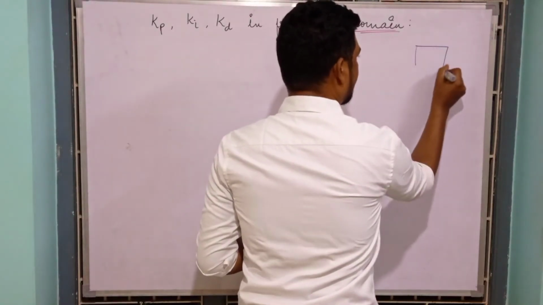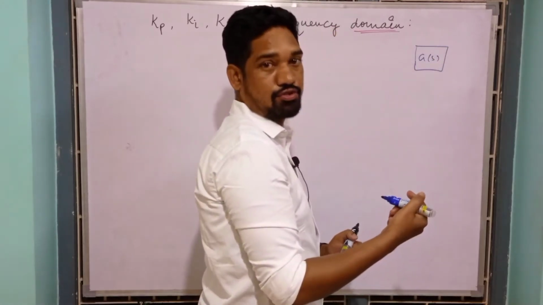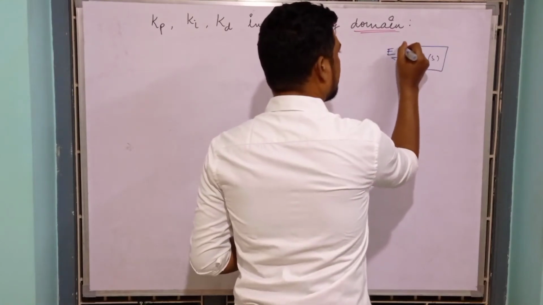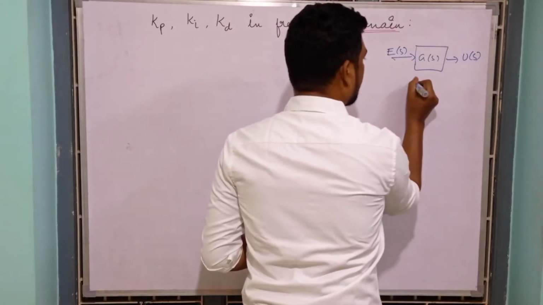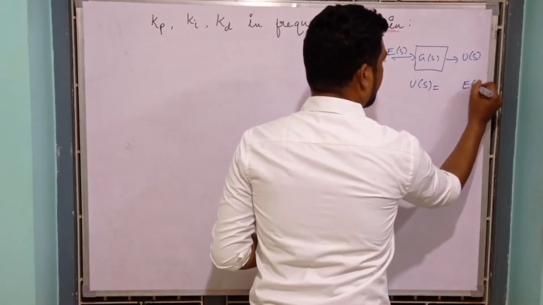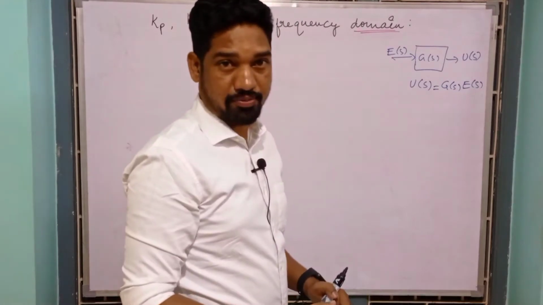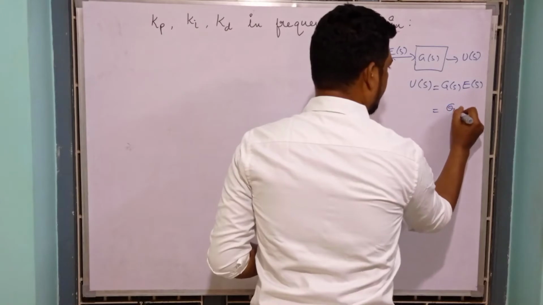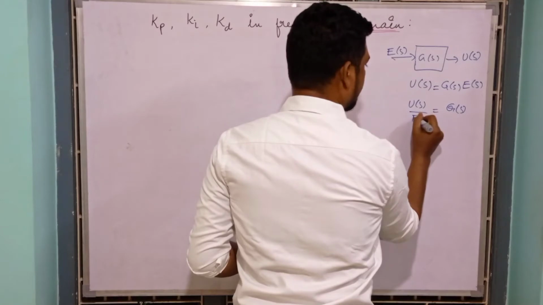If we have a system with the transmittance G of s, with input E of s and output U of s, the output U of s is equal to the input E of s multiplied by the transmittance G of s, isn't it? According to block diagram reduction algebra. So from this, the transmittance G of s will be equal to U of s by E of s.